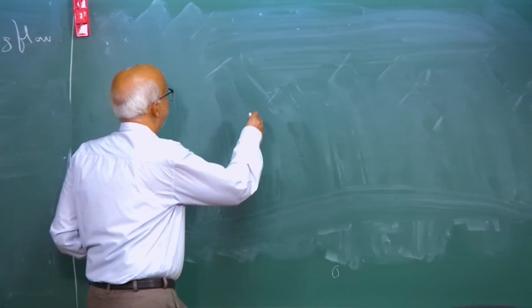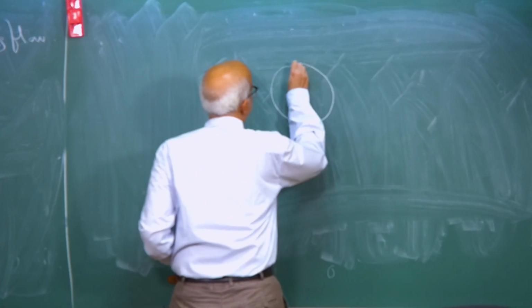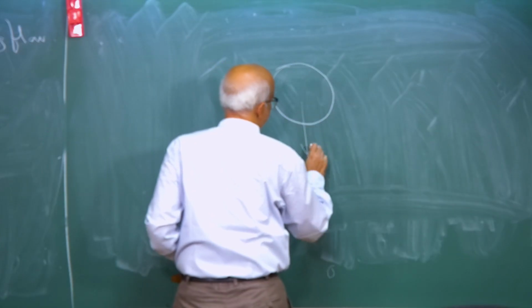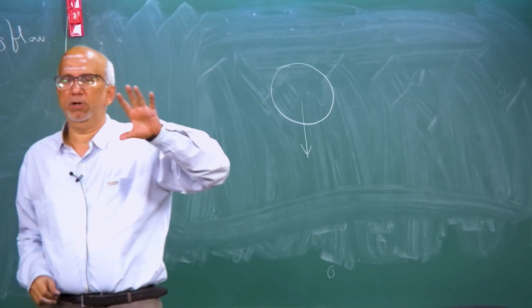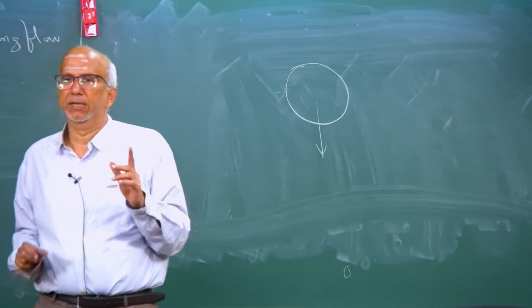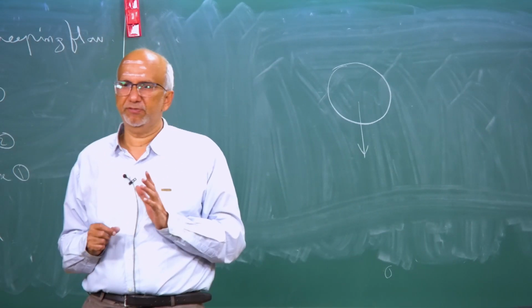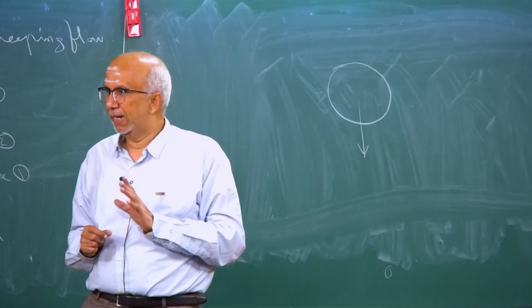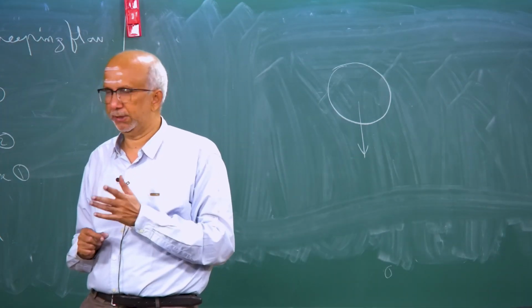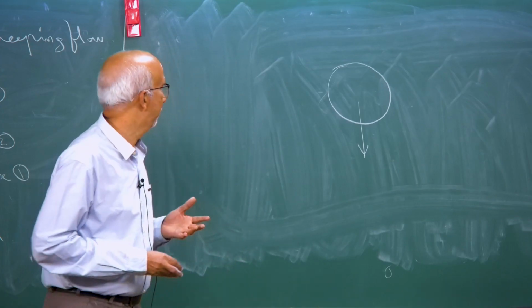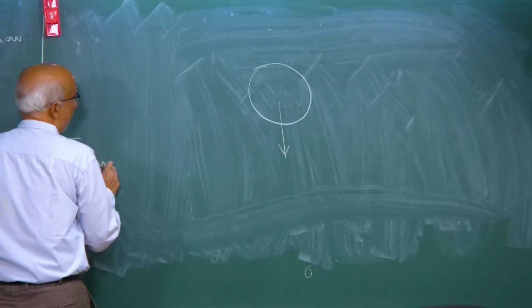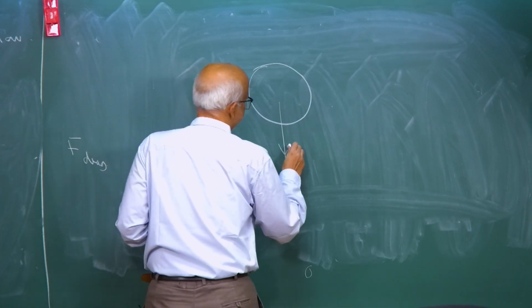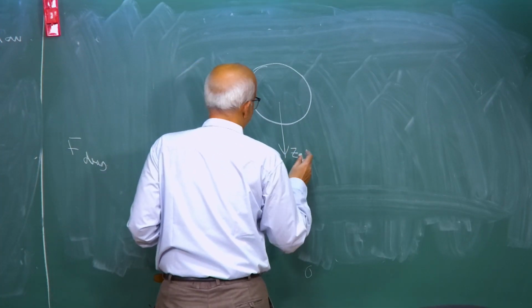I have the sphere. I had things flowing down vertically yesterday, and what is going to be the contribution? What are the things that are going to be contributing to the force? The drag force, remember, is defined as the force which is acting in the direction of the flow. Okay, that is how the drag force is defined. So, F drag, and let us say this is Z, okay.